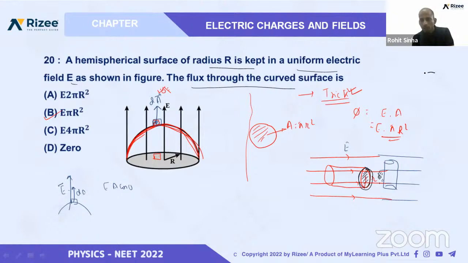If it has radius r, then flux will be electric field into pi r square for this type of cylinder. And if the cylinder is like this, a vertical cylinder, then we will see it like this. From here, it will appear like a rod or rectangle. Similarly, we will do for this.